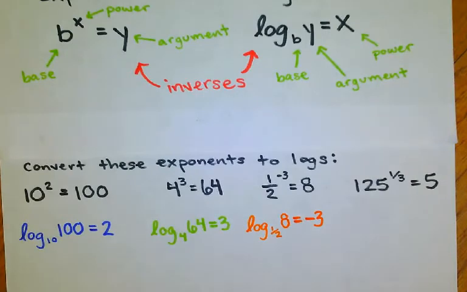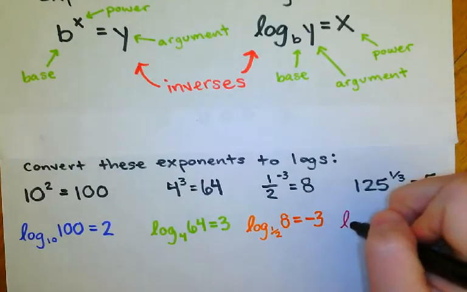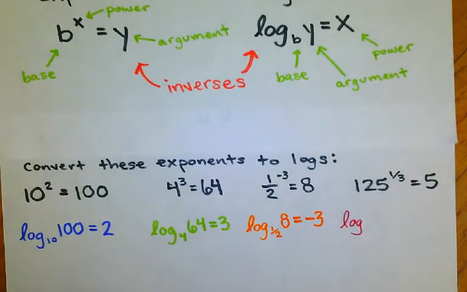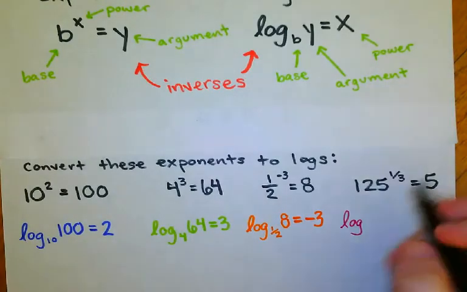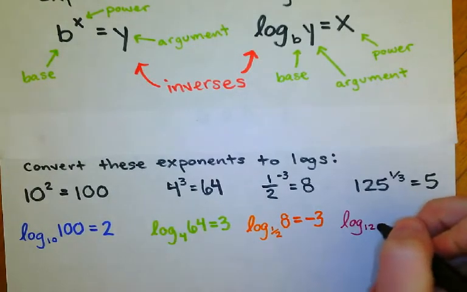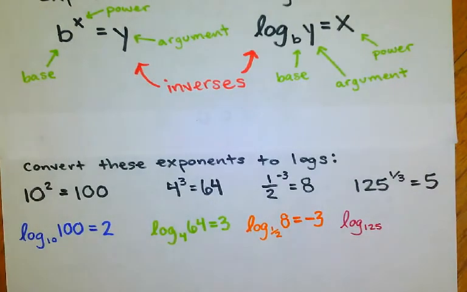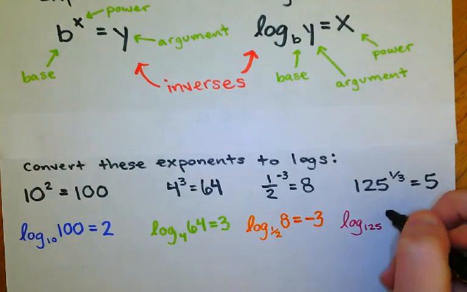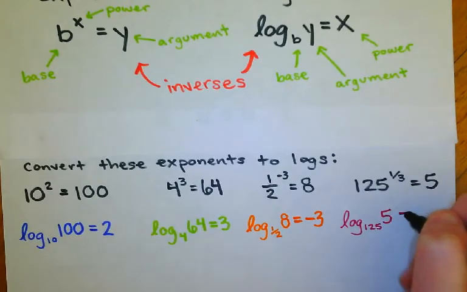And then for this last one, log of, what's our base? 125. What's our argument? 5. And it's equal to our power, 1/3.